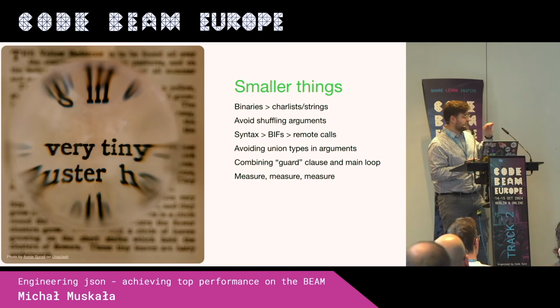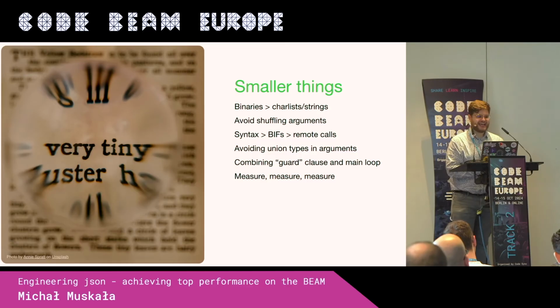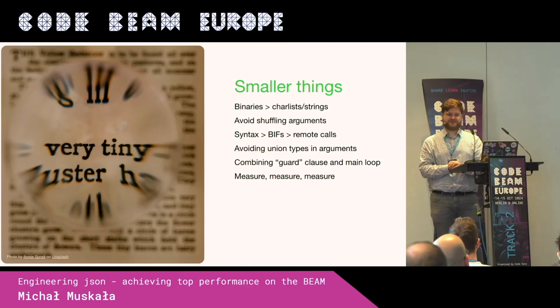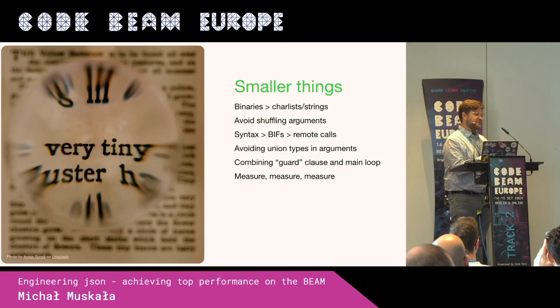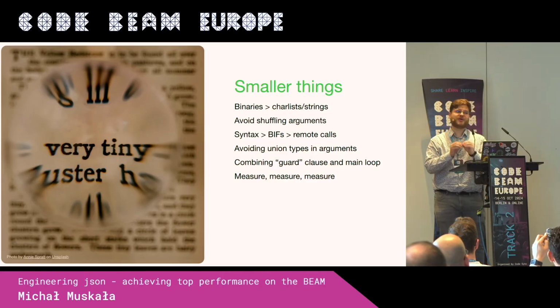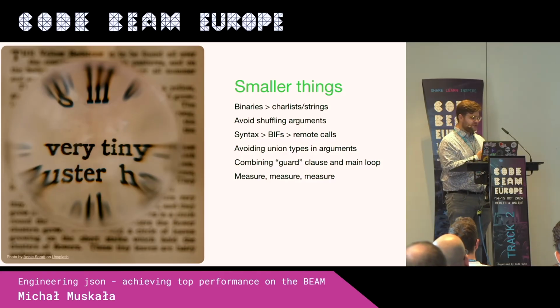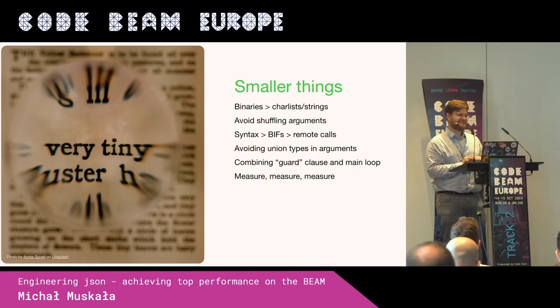But I want everybody to pay attention to the last point I have here, which is measure. Right? The one thing about performance work is that you always have to measure. You have to first measure that you actually have a problem, because that's an easy assumption to make.